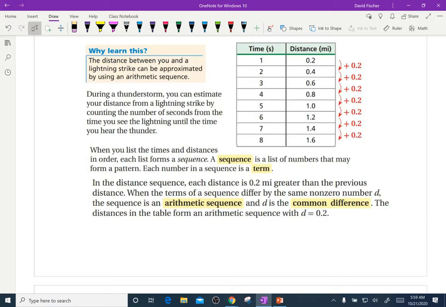So when we list these times, which this is still a function, not only that, it's a linear function because I'm going up by the same amount every time. On today's math, we want to kind of find out what we call a difference. So how did I go from 0.2 to 0.4, 0.4 to 0.6, 0.6 to 0.8? I'm adding 2/10 to every number. And so we call this our difference. We're going to need our differences today.